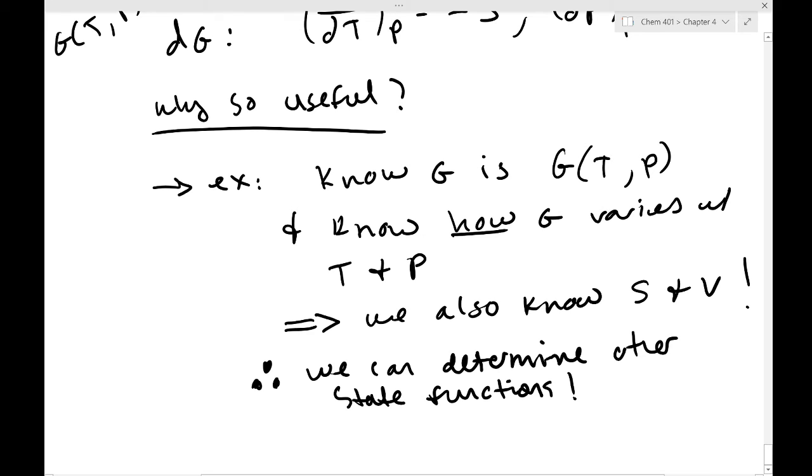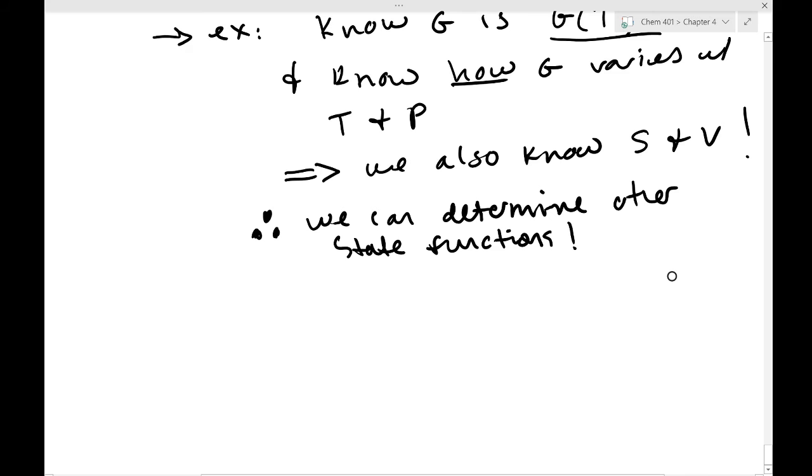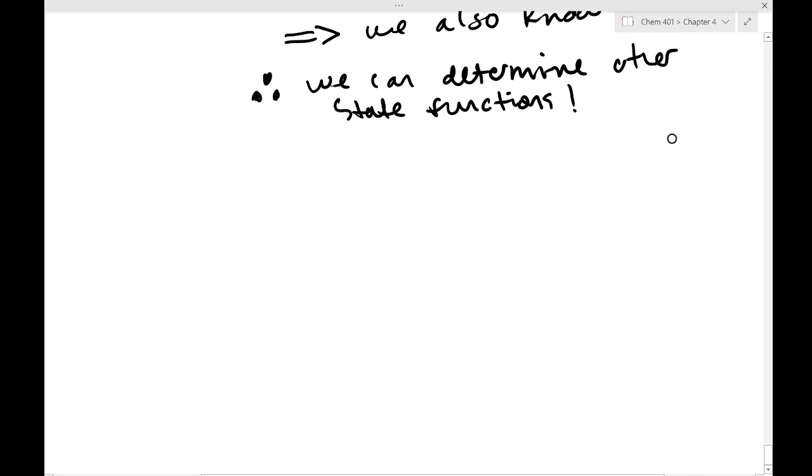Okay, we can determine all of the other state functions by simply knowing that G is a function of T and P, and if we know how G varies with T and P, we can determine all of the other state functions. Okay, let's show this in an example.